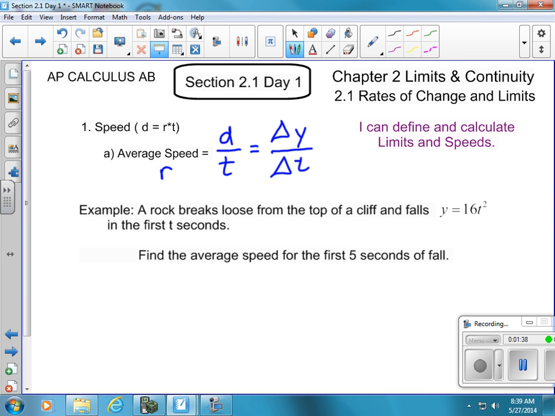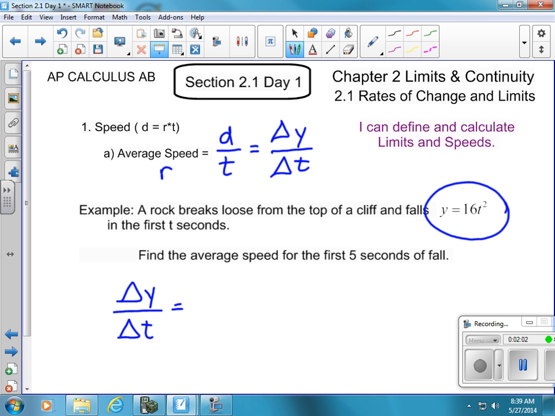That's if our y value is on the y-axis and our t value is on the x-axis. So we have a rock falling down, and we're going to use this equation, y equals 16t squared, and find the change in y over the change in time to give the average speed for the first 5 seconds.